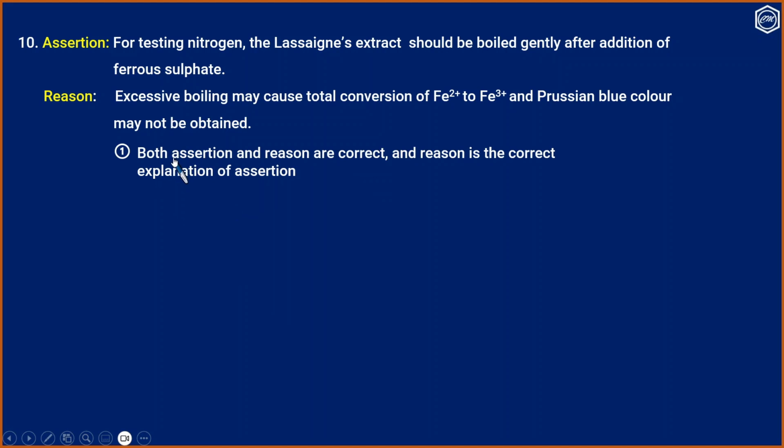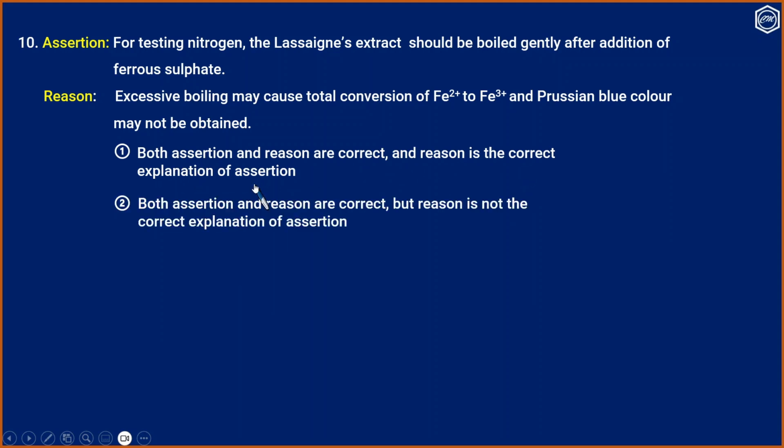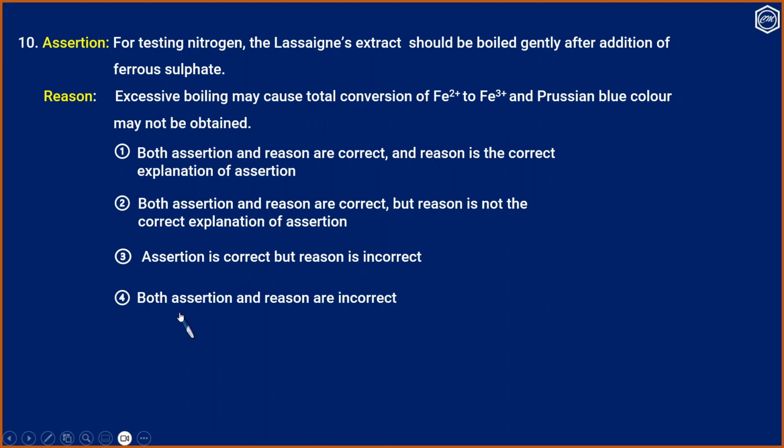Option 1. Both assertion and reason are correct, and reason is the correct explanation of the assertion. Both assertion and reason are correct, but reason is not the correct explanation of the assertion. Third one, assertion is correct, but reason is incorrect. Both assertion and reason are incorrect.